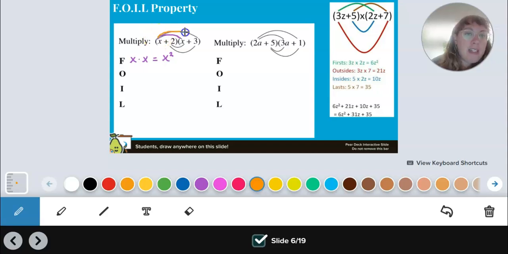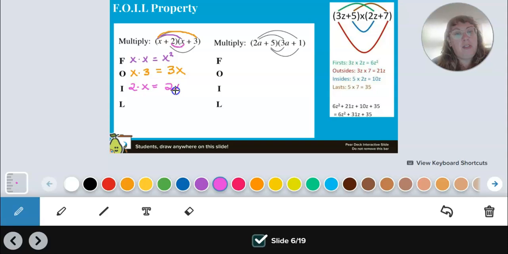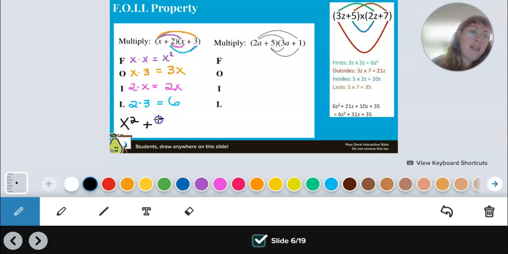For the outside terms, we have x times 3, which gets us 3x. Inside, we have this 2 times x, which gets us 2x. And then last is 2 times 3, which gets us 6. When we combine everything, we have an x squared, 3x plus 2x is 5x, and then plus 6 as our final answer.